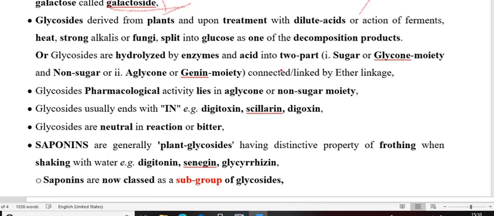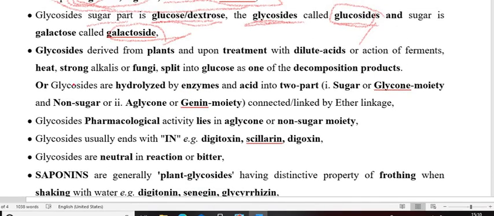Now we have to go through the other properties of the glycoside. Glycoside is usually hydrolyzed by enzyme or acid, or by heat.